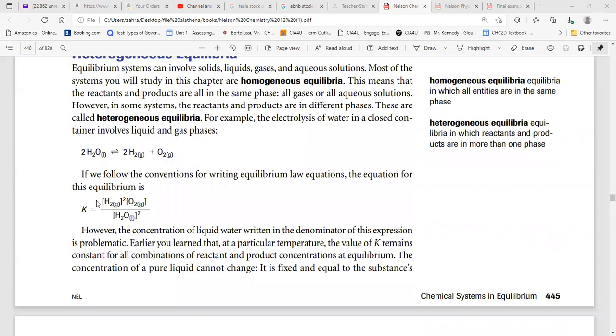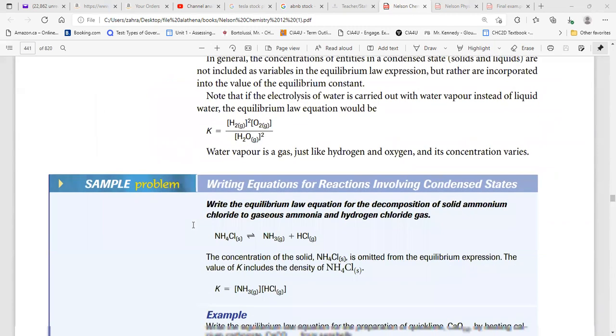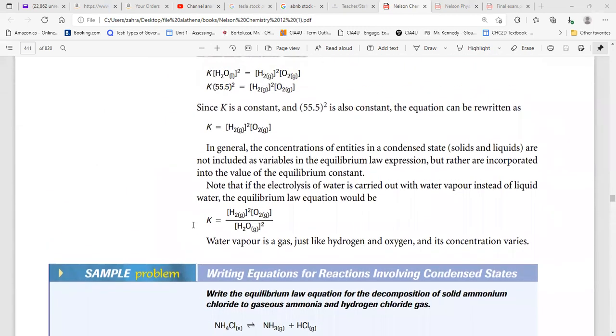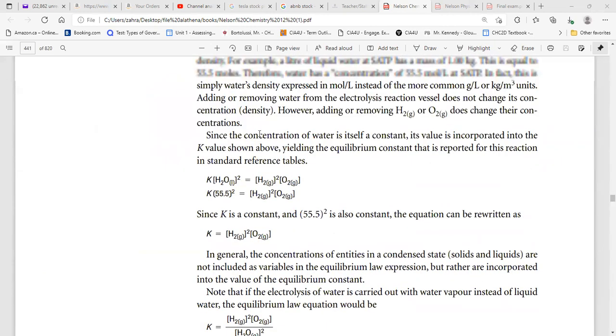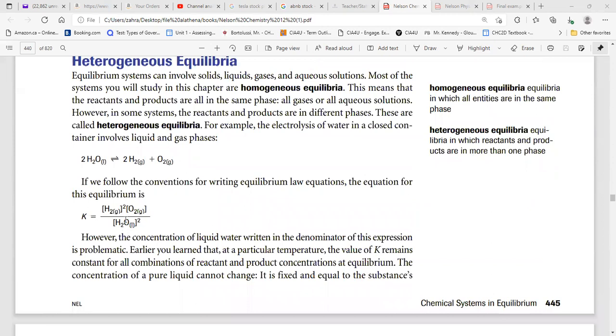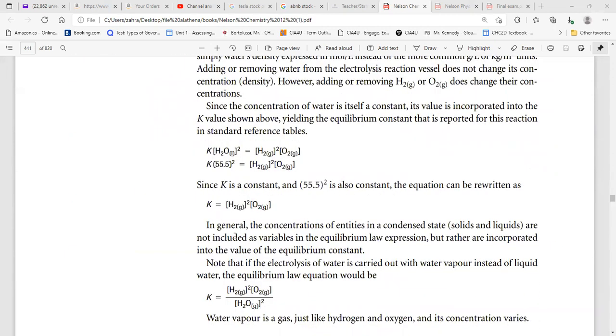Make sure when you want to write the K constant law, you do not write liquid or solid, because a liquid or solid will not change the concentration. So in this reaction we just write for H2 and O2. We don't consider the H2O liquid here.